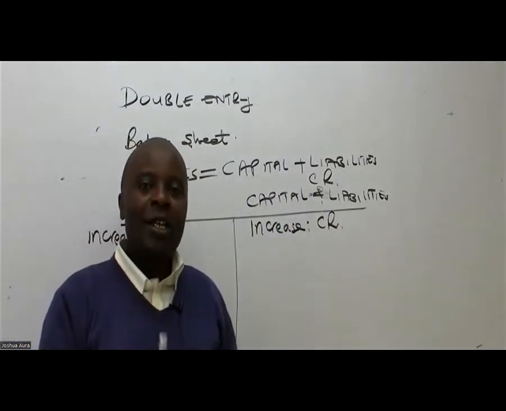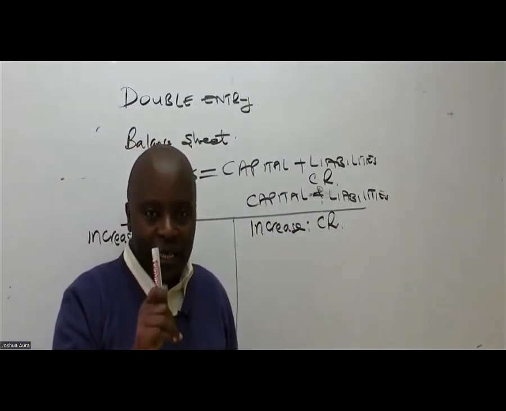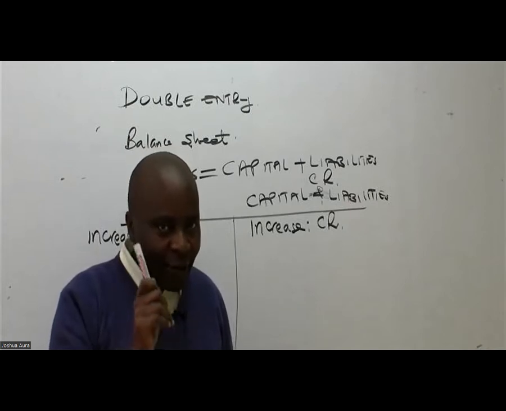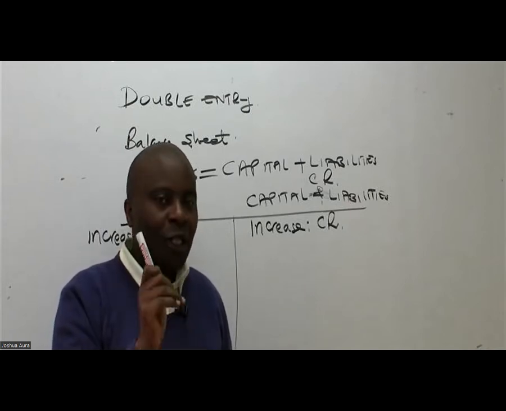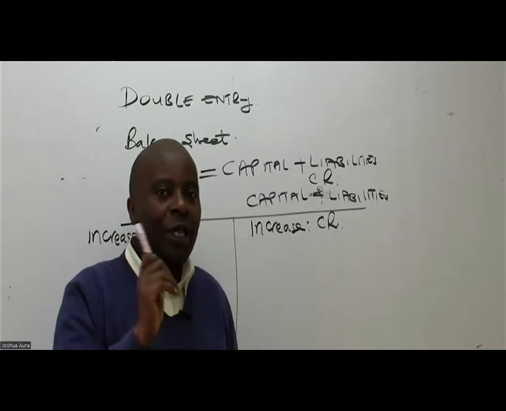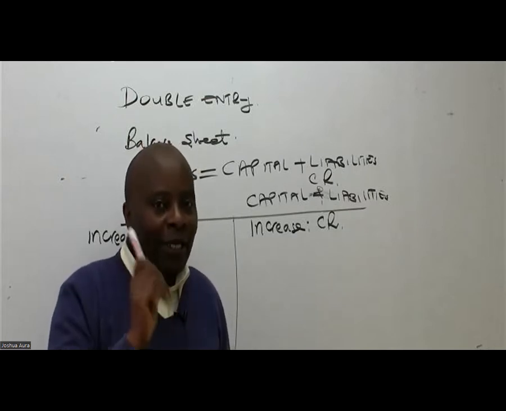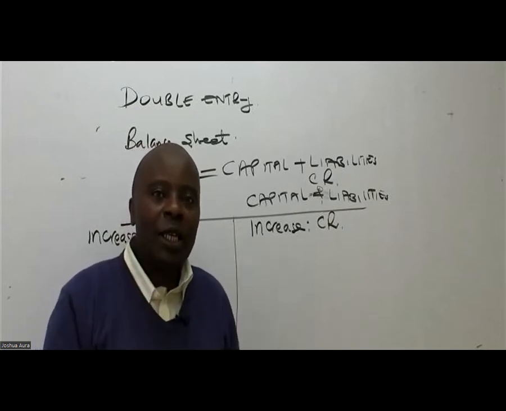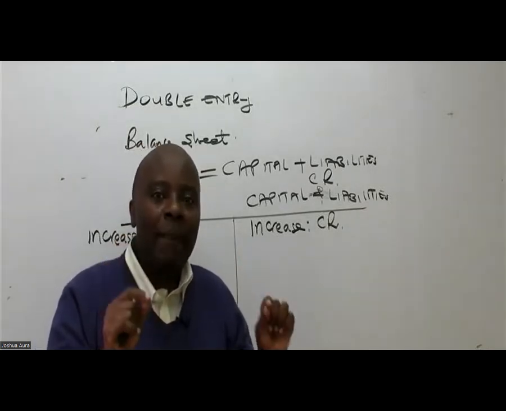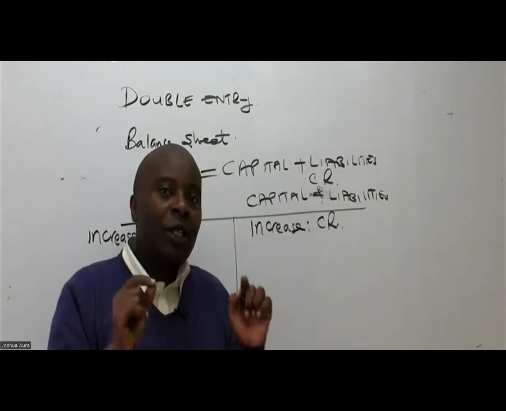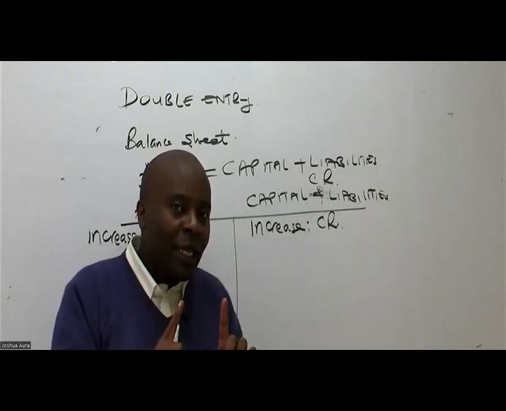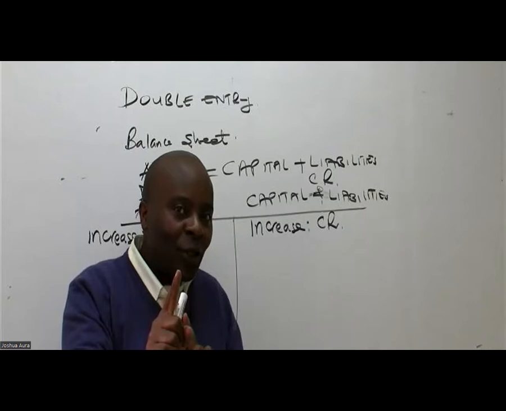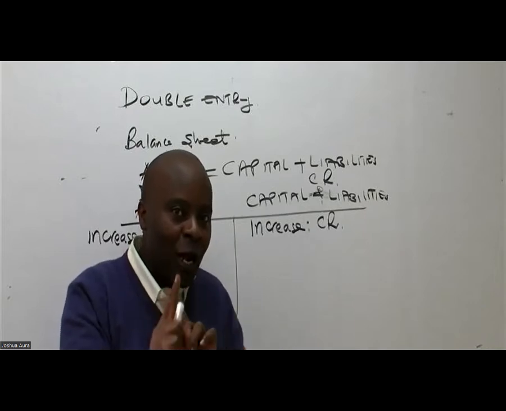Now listen, if for example today I was to start a business and inject into this business 1 million Kenya shillings, I'm the owner. This 1 million Kenya shillings is a very important business transaction that will need to be captured.